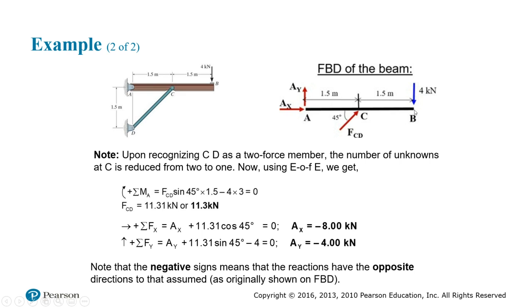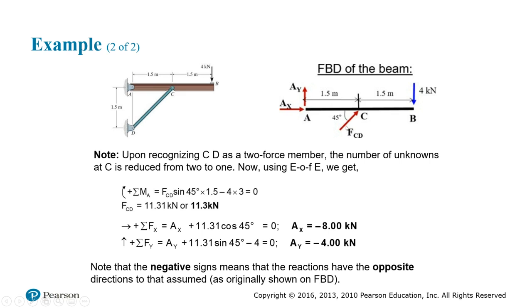So really, in terms of determining the rotation about A, there's only two things that contribute. There's the 4 kilonewton force that's applied at B. If you think about holding the rod at A and pushing down at B, that's going to be a clockwise direction, so that's why that is negative, and it's at a perpendicular distance of 3 meters. That's where the 3 is coming from.